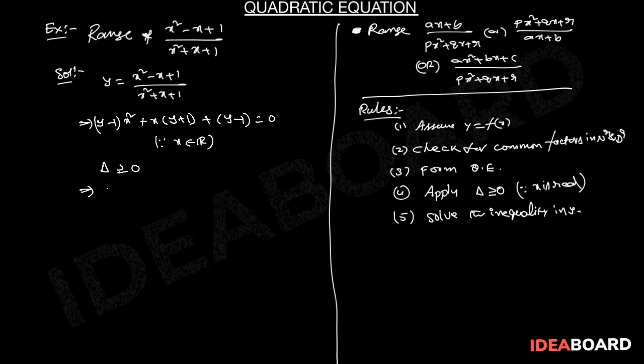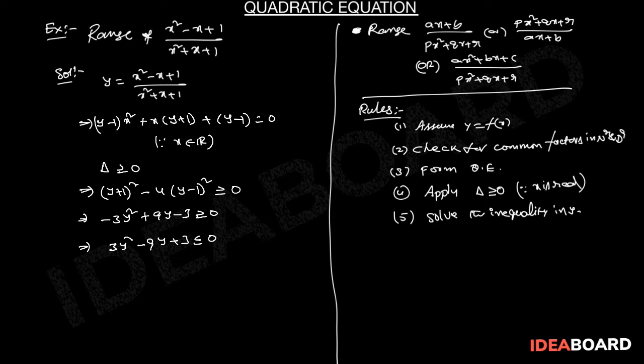That implies (y plus 1) whole square minus 4 into (y minus 1) whole square greater than or equal to 0. That implies minus 3y square plus 10y minus 3 greater than or equal to 0. That implies 3y square minus 10y plus 3 less than or equal to 0.